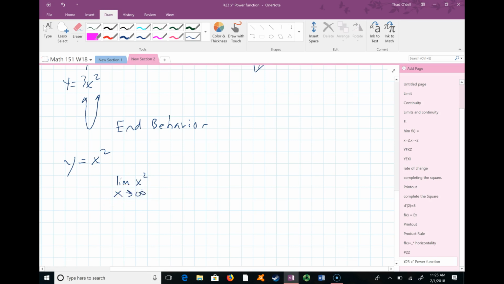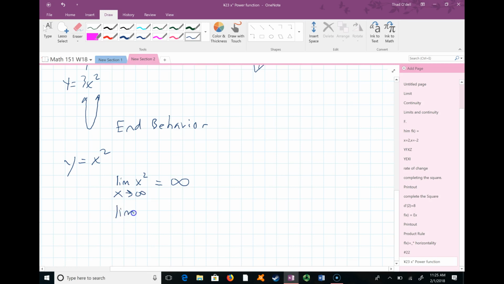If we say as x approaches infinity, that means x is getting bigger and bigger positive because it's headed towards positive infinity. So this is asking, when x gets bigger and bigger, what is x squared doing? The answer is that it is also getting bigger and bigger. So the answer is infinity.